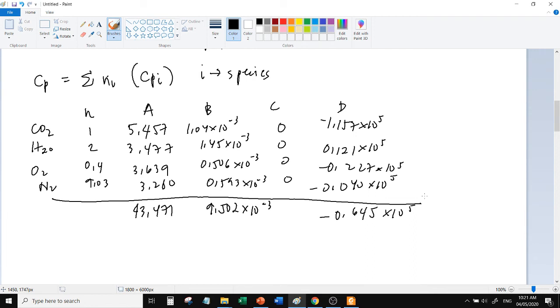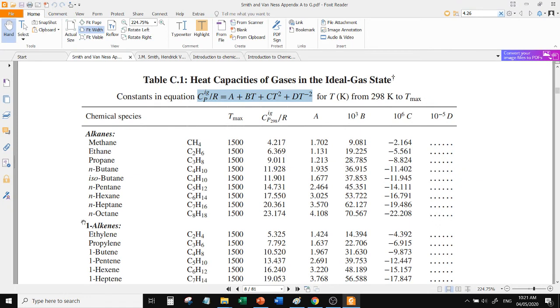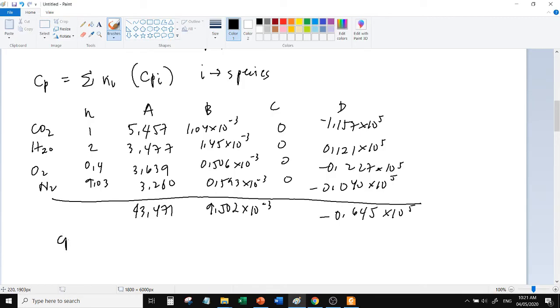Okay. So, ang next is, diba, we use the equation ng CP. So, do you remember? Yung CP, transposing yung R sa kabilang side.